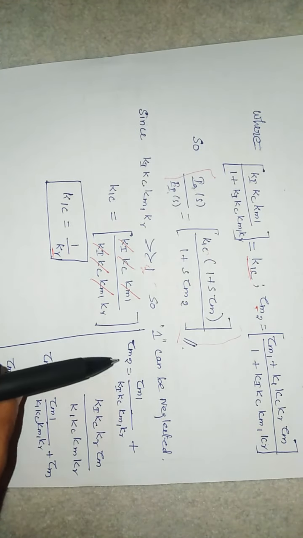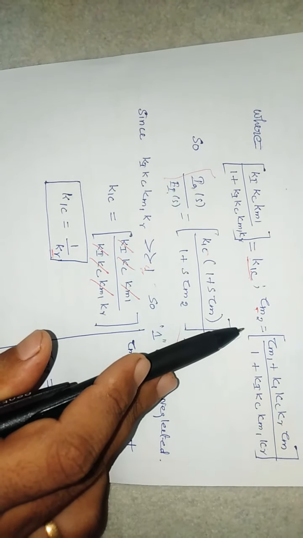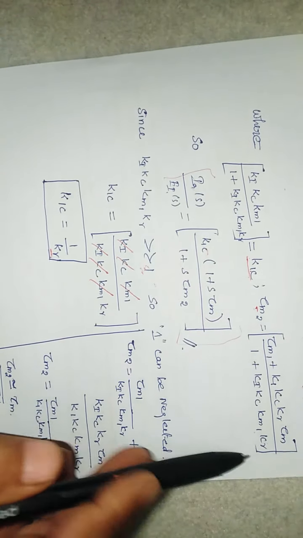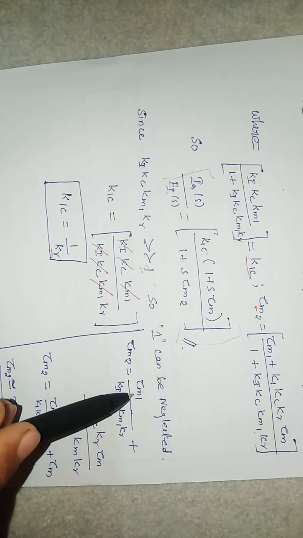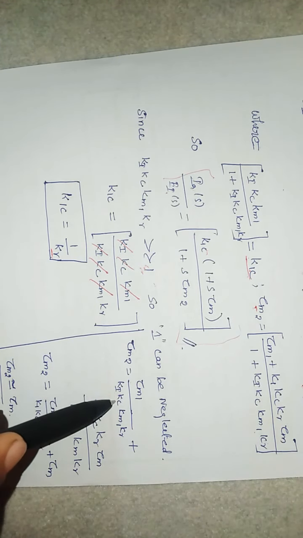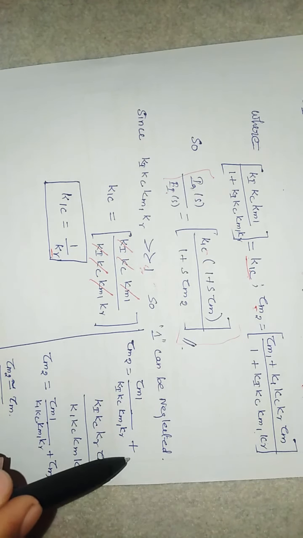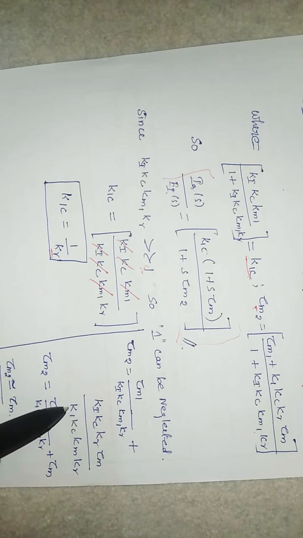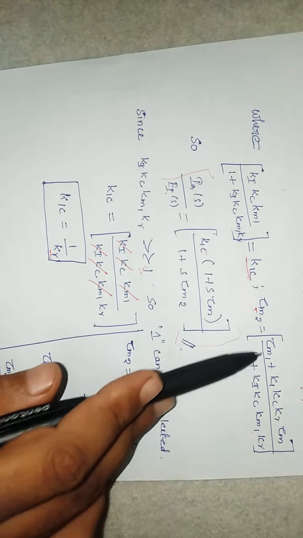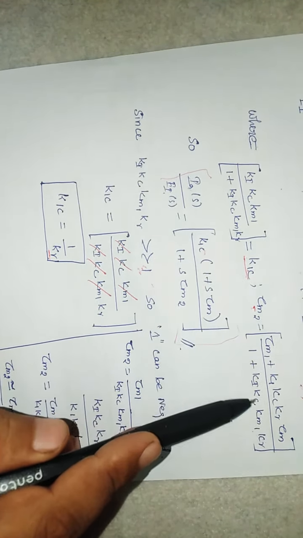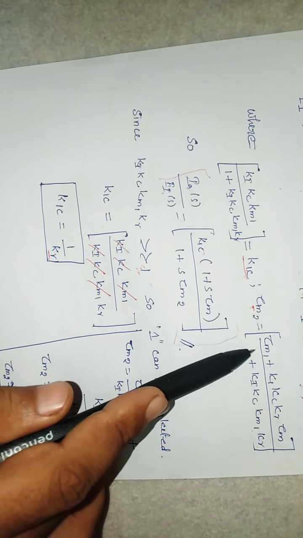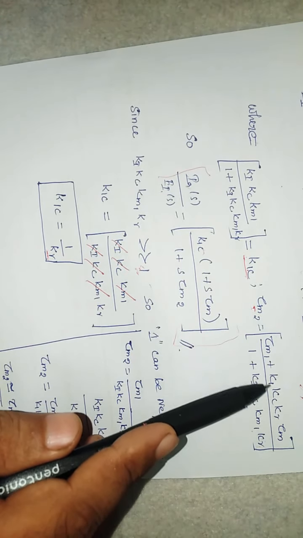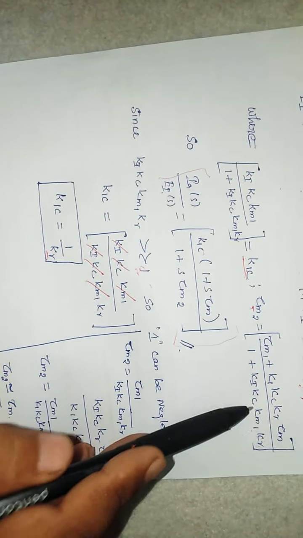Similarly for tau m2, the 1 is neglected in this term because it is much higher. So the terms tau m1 divided by Ki Kc Km1 Kr plus Ki Kc Kr tau m divided by Ki Kc Km1 Kr. These two terms are divided by this single term because we are neglecting 1. So tau m1 divided by this term, and Ki Kc Kr tau m divided by this term.